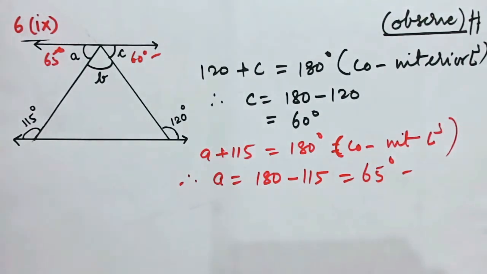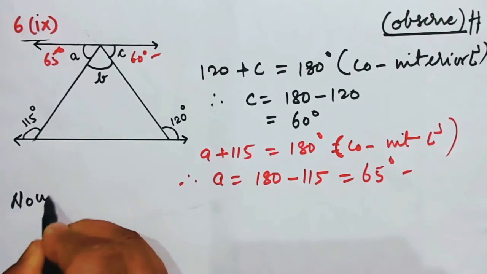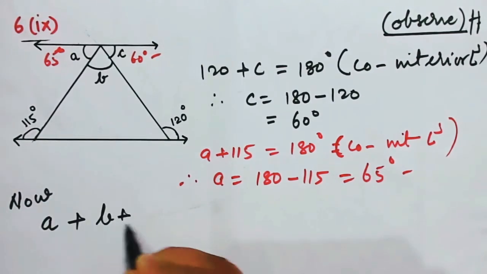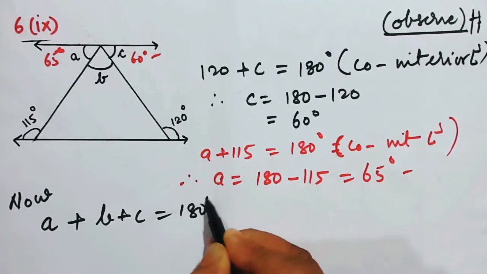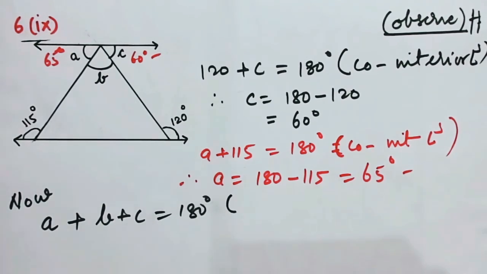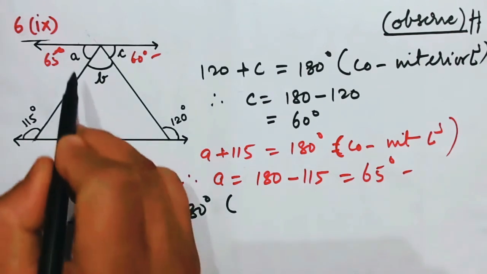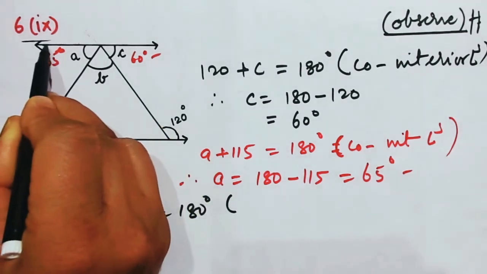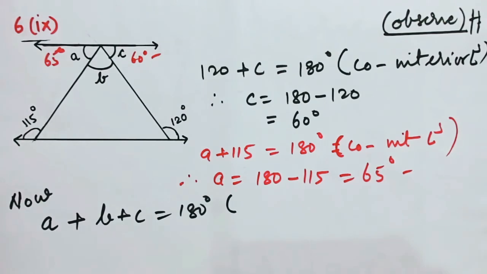Okay. Now, what about B? Anyone can find out the value of B. Why? Because now you can write A plus B plus C will be equal to 180 degrees. What is the reason for that? The reason is they are angles on a straight line. You can see these are the angles on a straight line.